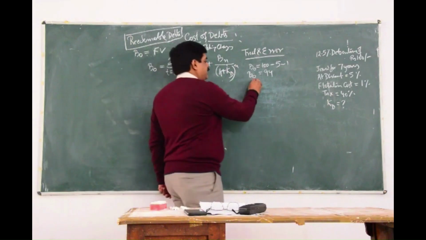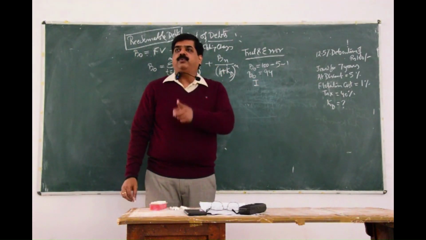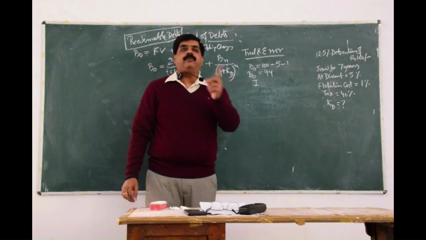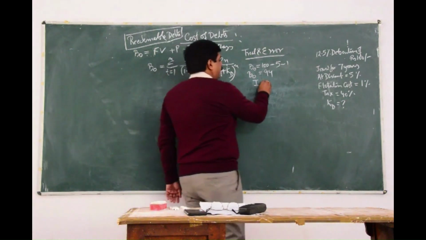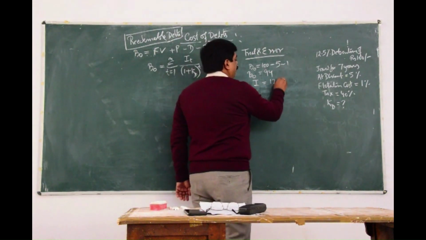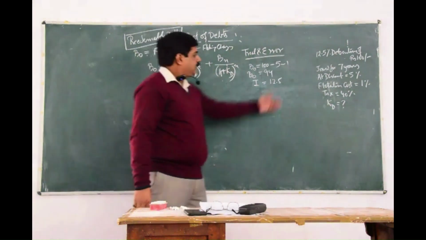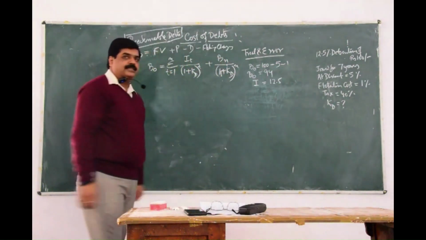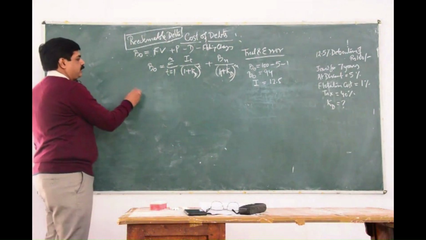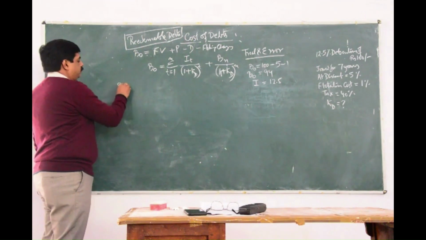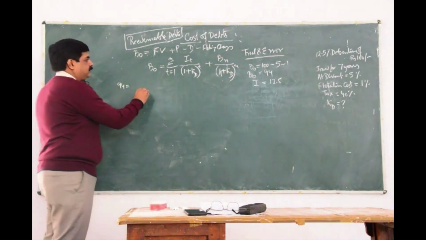Right? Interest. Already I said interest will be on the face value, no matter what the issue price is. So interest will be rupees 12.5 per year. We try to put in this case, suppose we say B0, B0 is 94 is equal to interest.